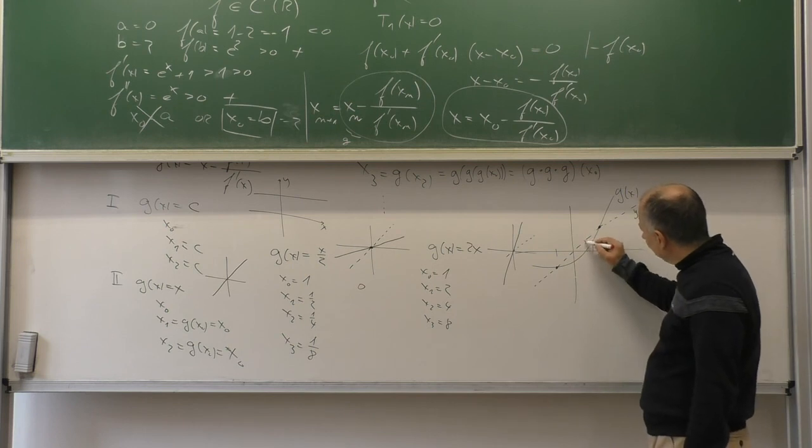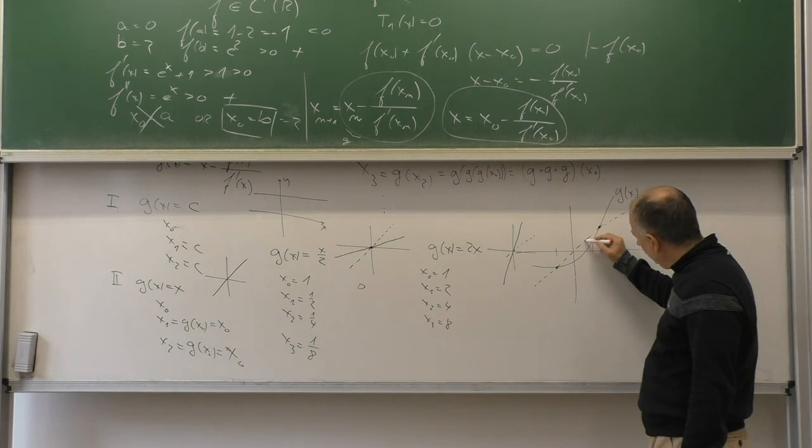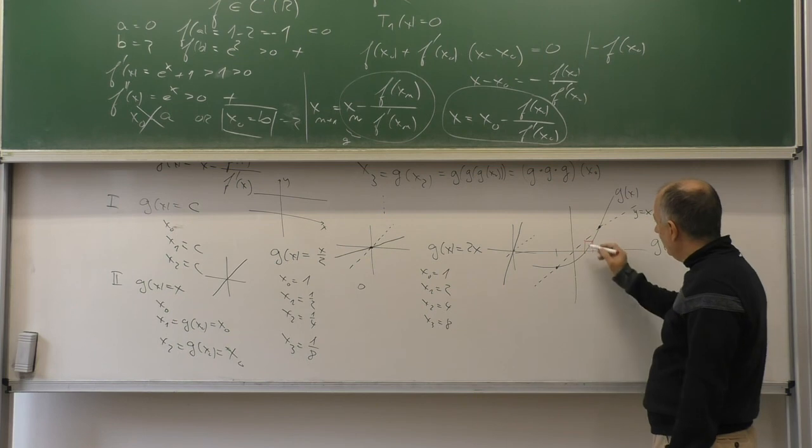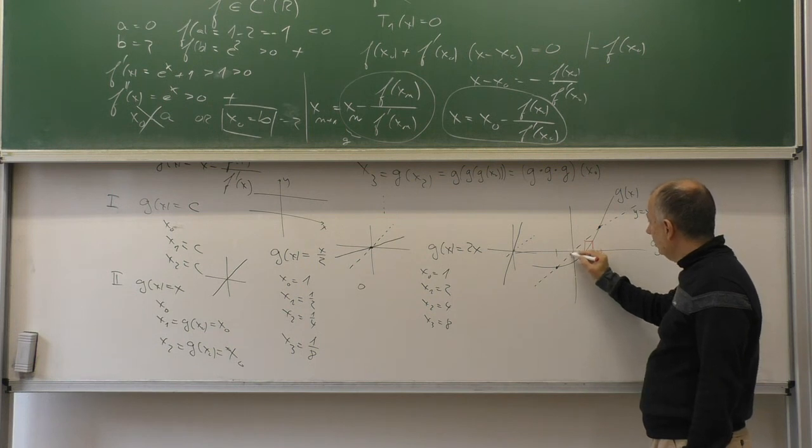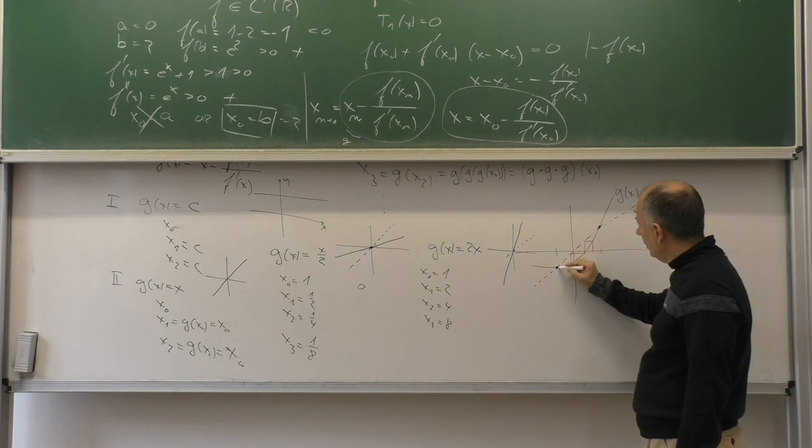And then we go to the graph of the function, because at this x we want the result. And then we want this result to use as x, so we go to this line. And then we go to the graph, to this line, to the graph, to this line, and so on.